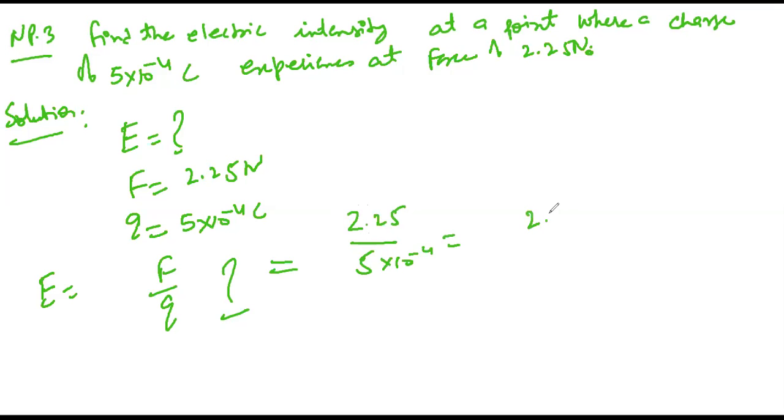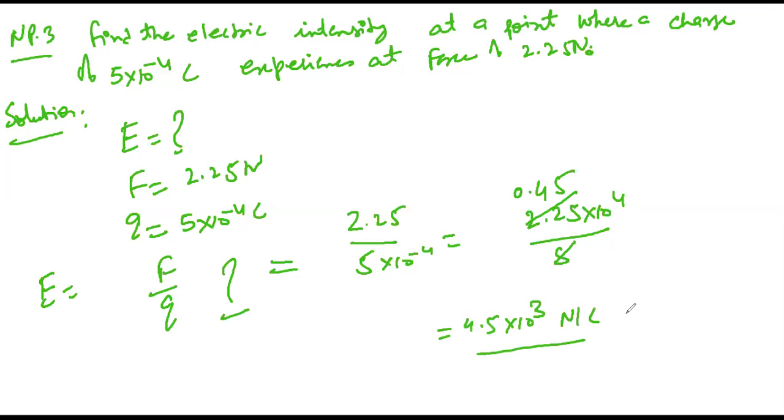So it will become 0.45 into 10 to the power 4. And do the division from here. 4 5 are 20. So it will be coming 4.5 into 10 to the power 3 Newton per Coulomb. Is this clear to you? Have you understood? Yes.